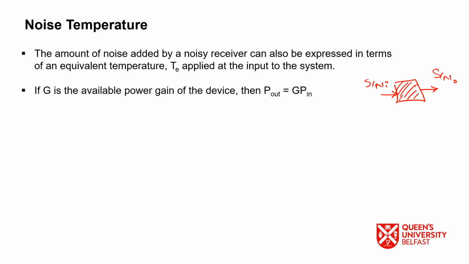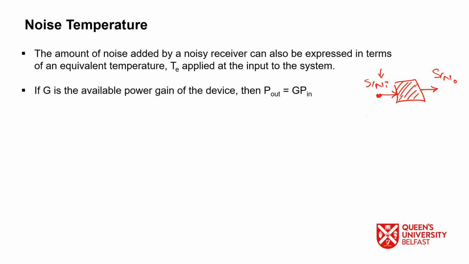What this receiver does is add a noise that is equivalent to the noise it would have if there were a noise source placed at this point. Let me try to explain it with a figure in the coming slide.